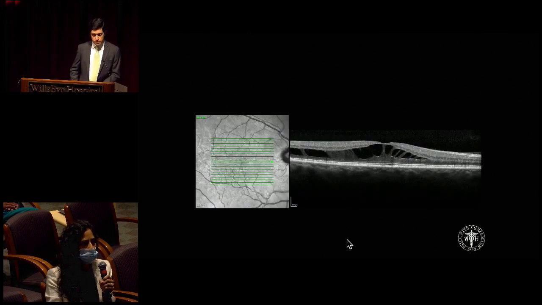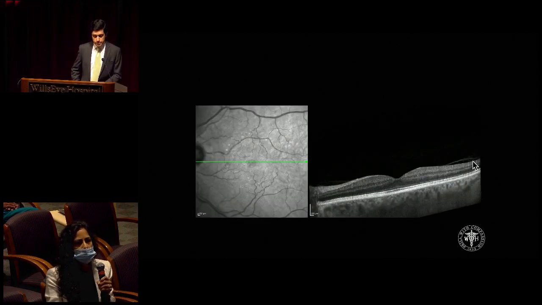Another horizontal scan through the fovea, and we can more clearly see this separation here between the outer plexiform and outer nuclear layers. We see these cystoid changes here, and then outer retinal layers look preserved as well. And the posterior hyaloid is also attached. Yep, you can see that attached here.